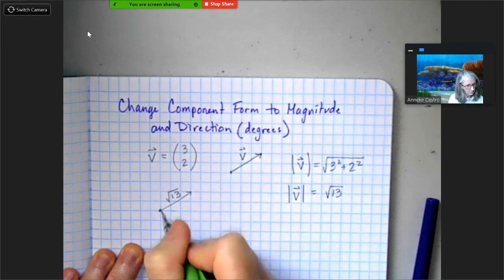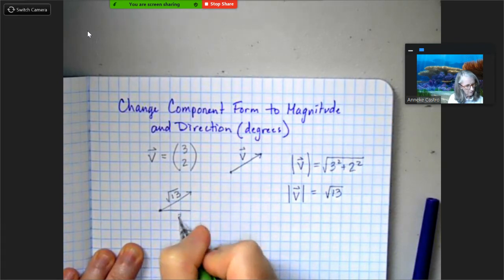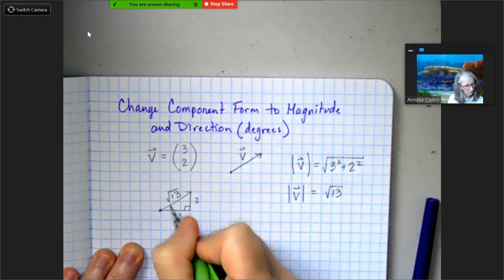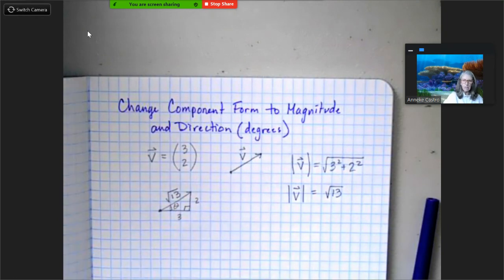Now I need to figure out, okay, I know this is 3, and I know this is 2, and I need to figure out this angle. So all we got to do is do trigonometry backwards, so the inverse function. Which function can I use? I can use any one I want, sine, cosine, or tangent.